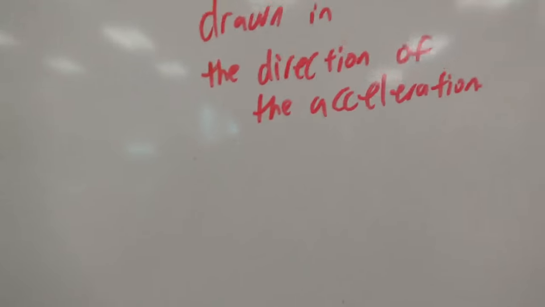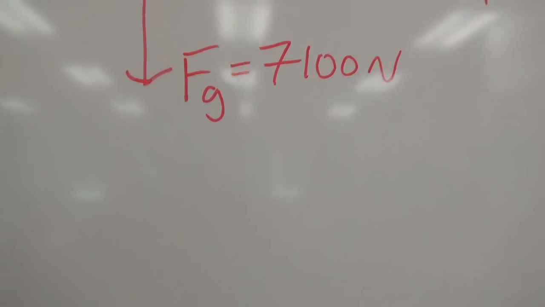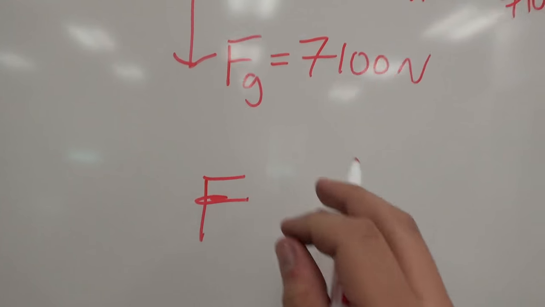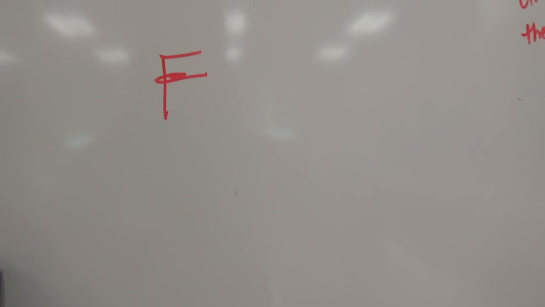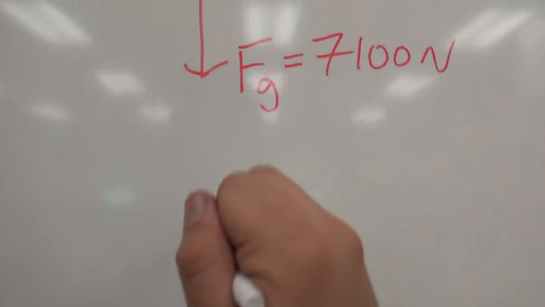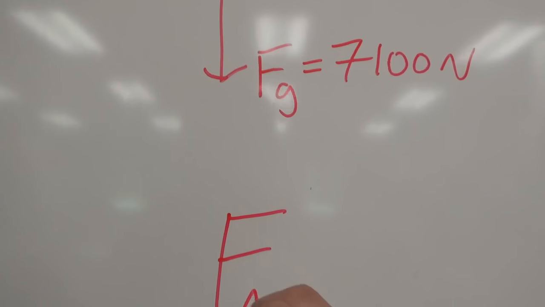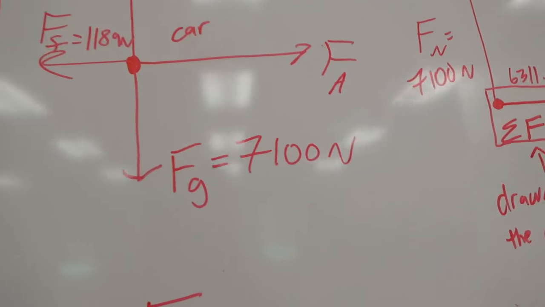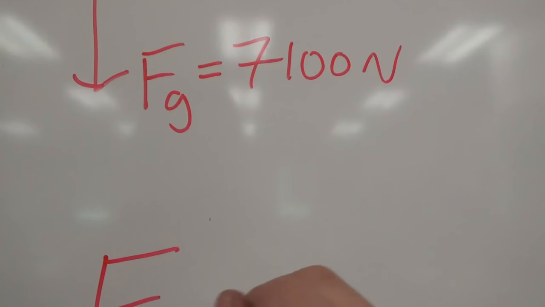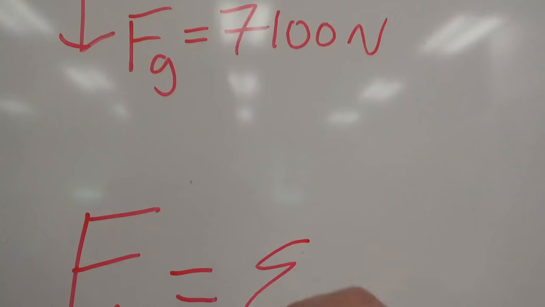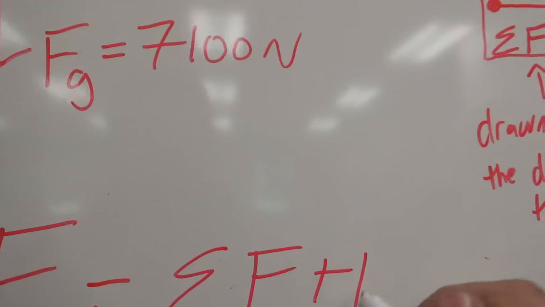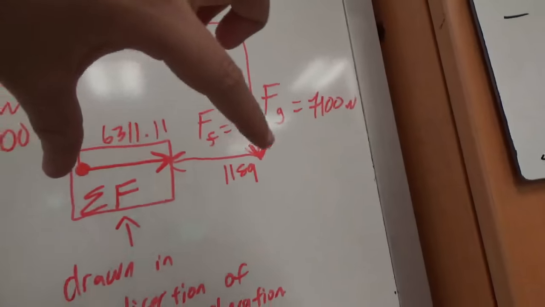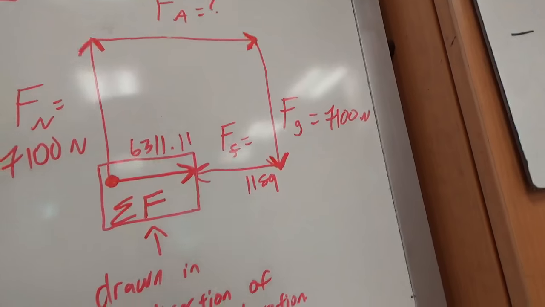So what I'm going to say is that my applied force, or my traction force, whatever you want to call it, is equivalent to my sum of the forces plus my frictional force, because again, this right here is the same length as that right there.